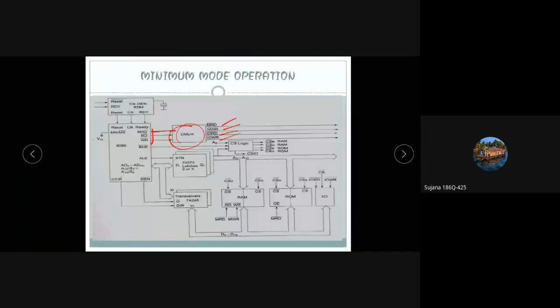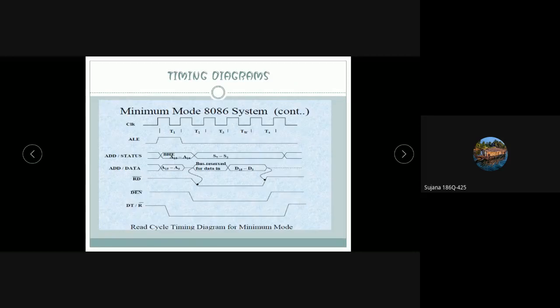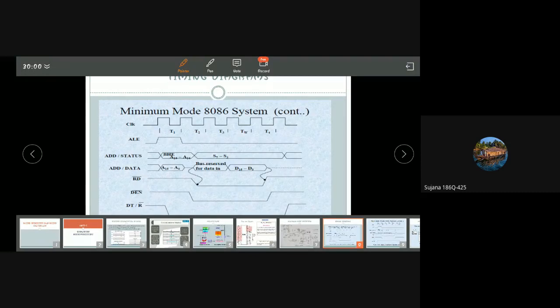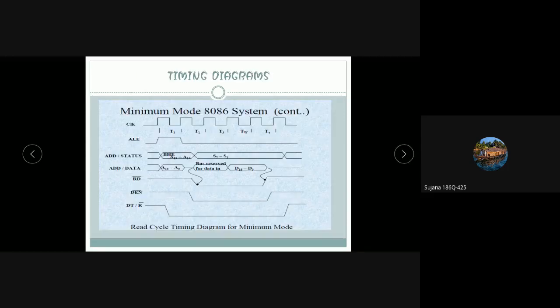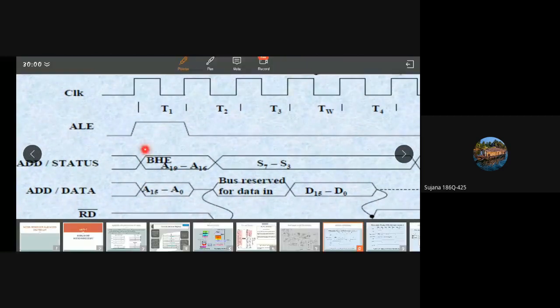At T1 the latches get activated and separate the address from the address data bus, and at T2 it is removed from the local bus. Here you can see the address status signal. Since it was fetched at T1, it is in the high state.